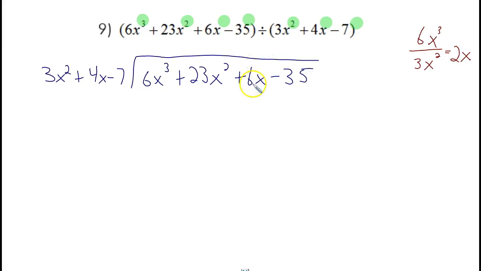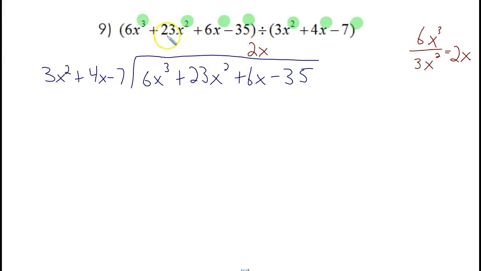Remember, I like to line that up over the x term here, so that's where I'm going to put my 2x. And if you think about it this way, I am dividing by 3 terms, so I'm going to start my answer on my third term. It should line up where it's above the same degree term.